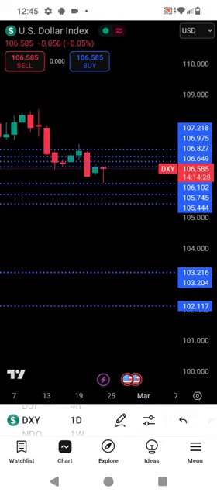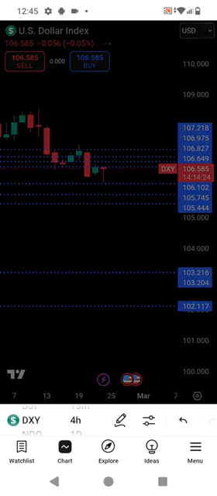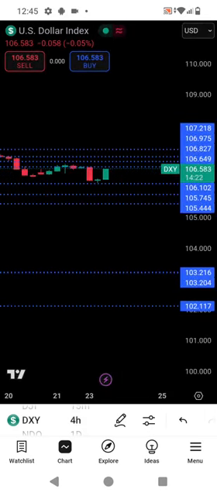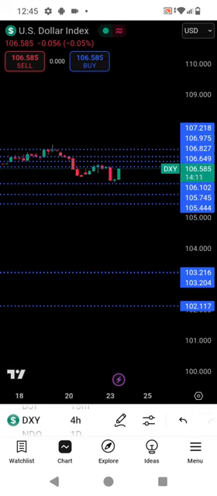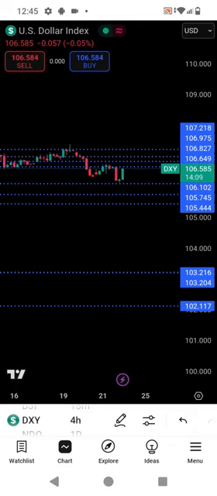So we'll watch this at 106.649 and where we are at right now. If it starts to form resistance right now, we'll look for buys on the other asset.